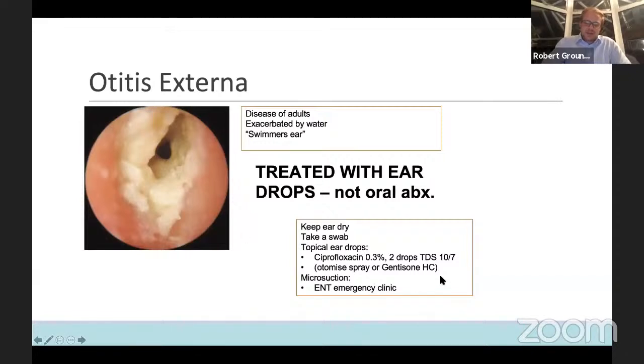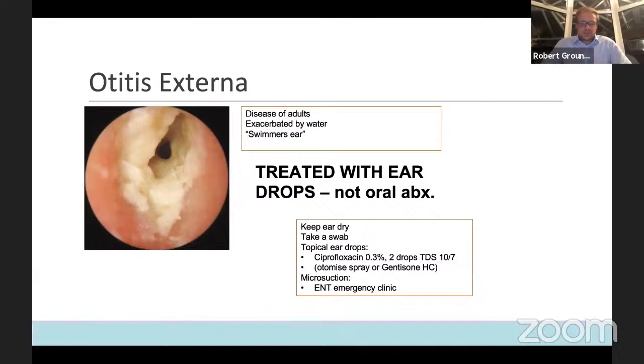That being said, gentamicin, although it is ototoxic, ENT UK have put out a position statement saying that for cases of otitis externa, even in the presence of a perforation, you are justified in using an ototoxic antibiotic for the shortest possible time, provided you counsel the patient.